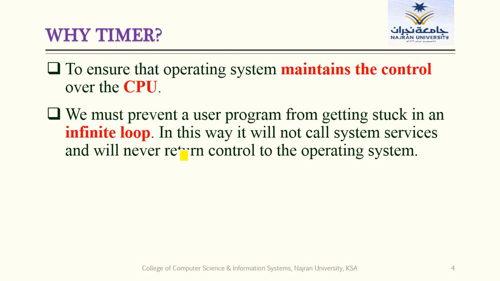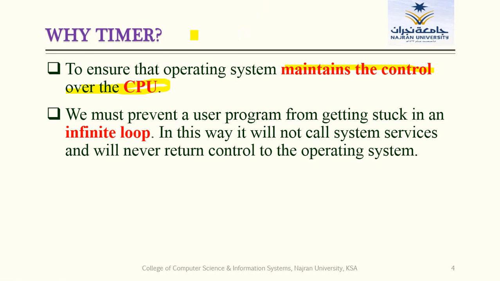The main objective of a timer is to ensure that the operating system maintains control over the CPU, because there should be something that gives control back to the operating system. So the timer will help us. In the next slide we will see how we can implement the timer.